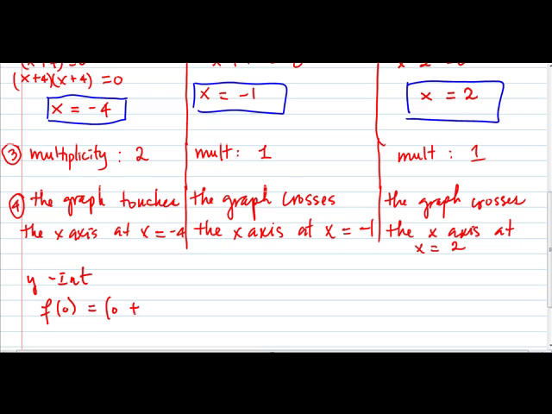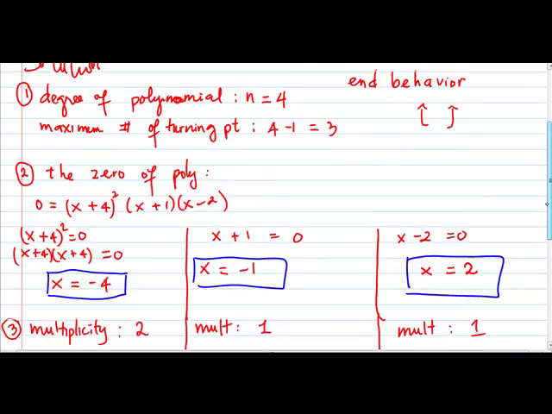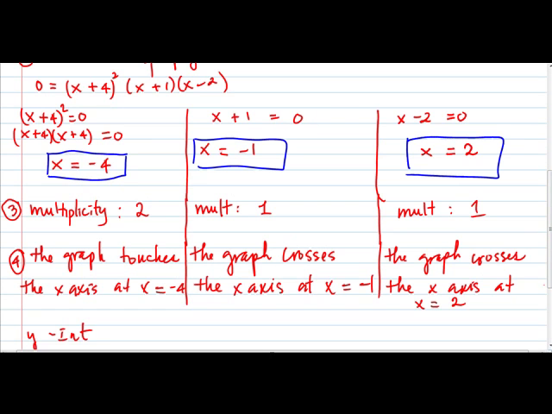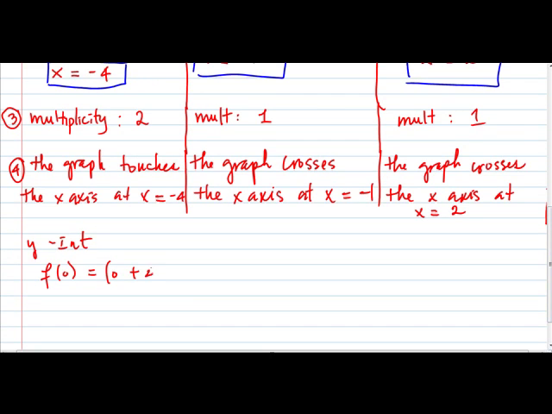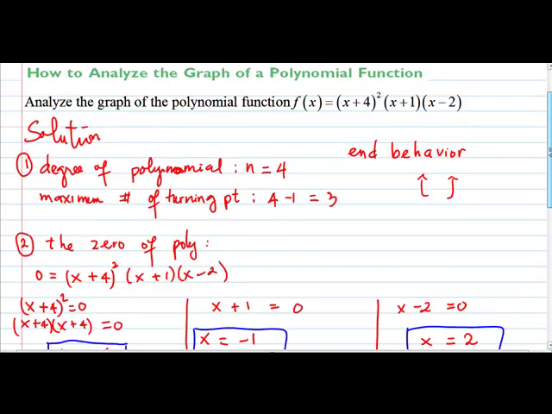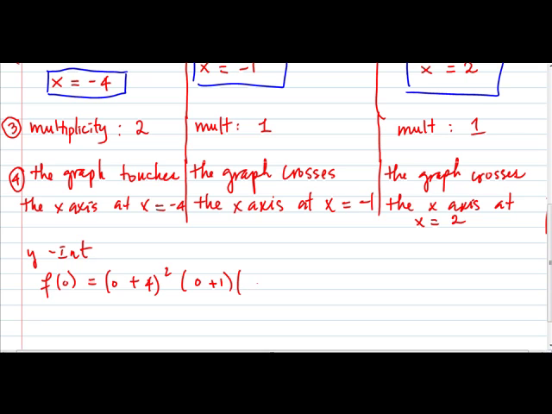So I have 0 plus 4 squared, 0 plus 1, and then I have 0 minus 2. So you see I have 4 squared times 1 times minus 2. So I have 16 times minus 2 is minus 32. That is our y-intercept.